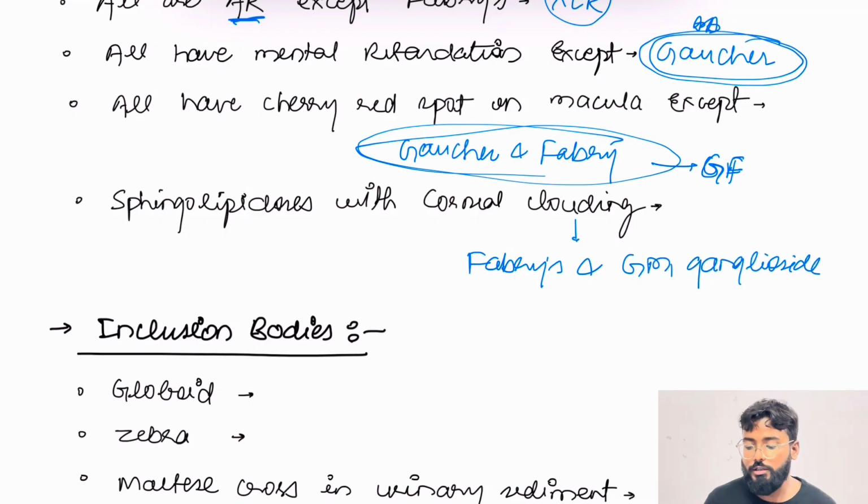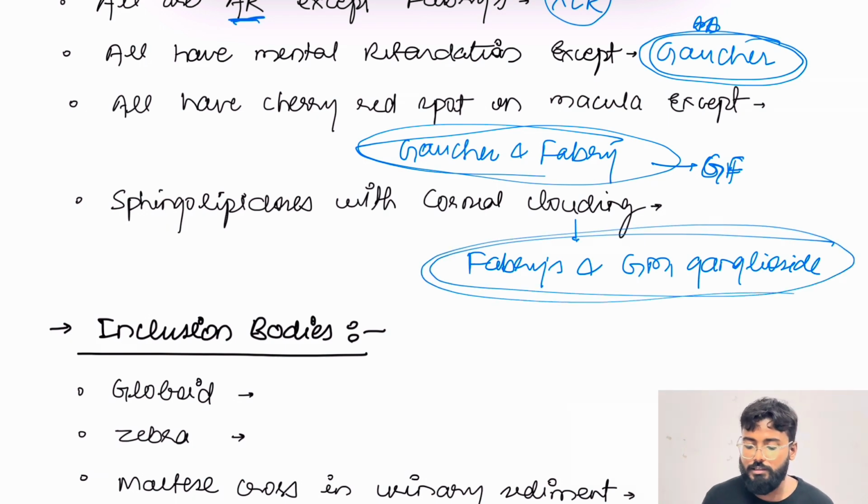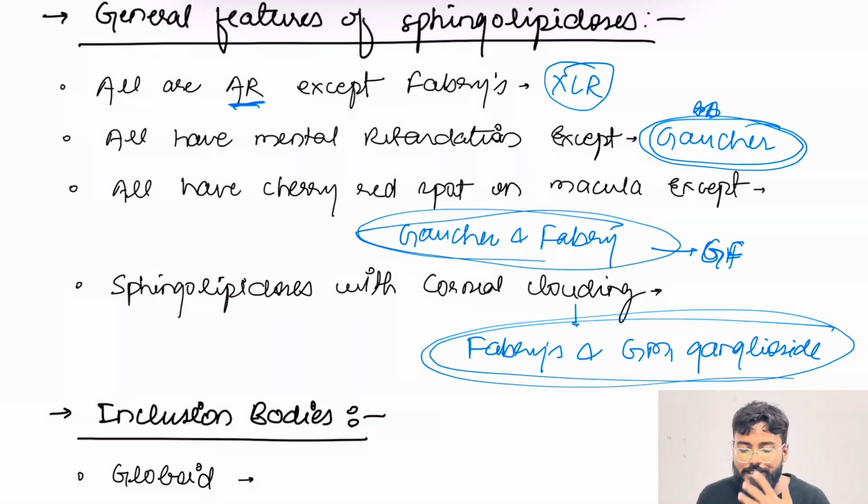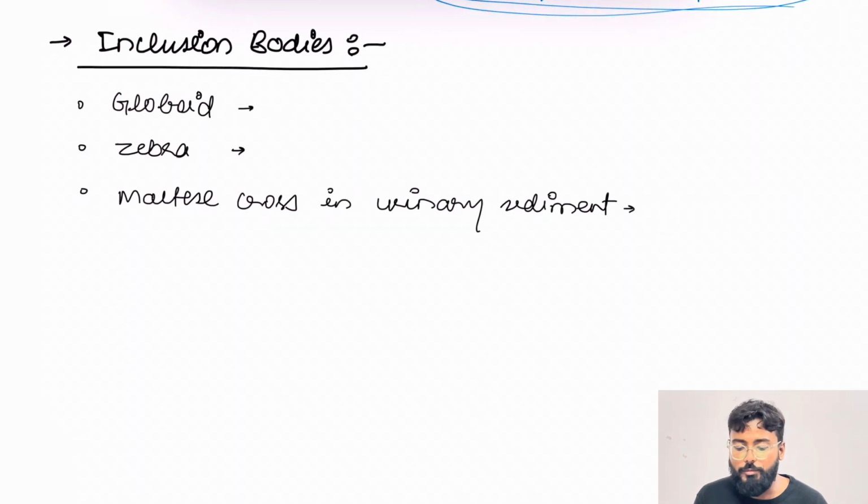You are also going to see this corneal clouding in Fabry's and also in GM1 gangliosidosis, but not lenticular opacities. Lenticular opacities you are only going to see in case of Fabry's. So these are the general features. That's how you can differentiate these sphingolipidosis.